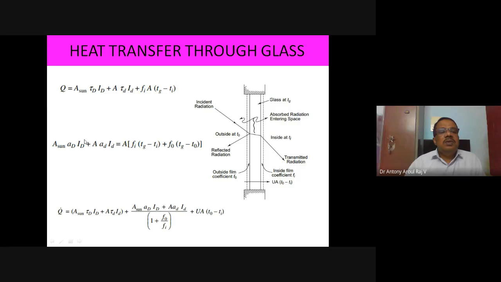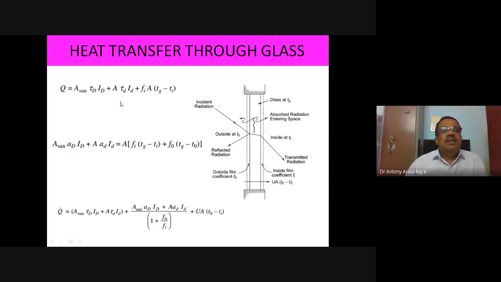In the absorbed radiation also, the absorptivity will be more when direct radiation is falling on the glass, and the area of contact will be varying. The same discussion is applicable here. Whenever you have transmitted radiation at a point, absorption will also be there, so I have to take the corresponding area only.